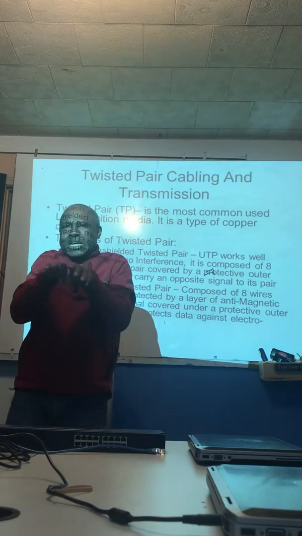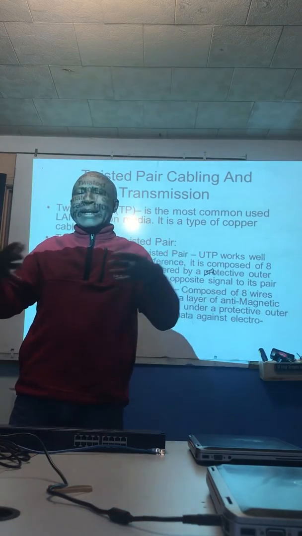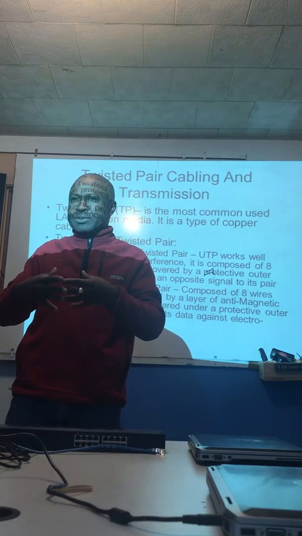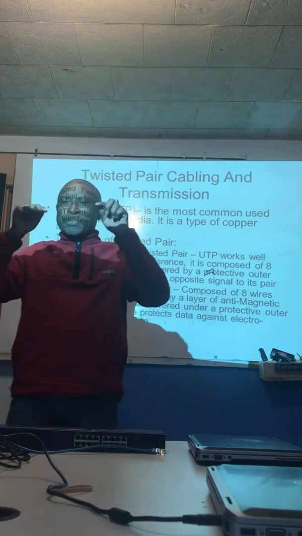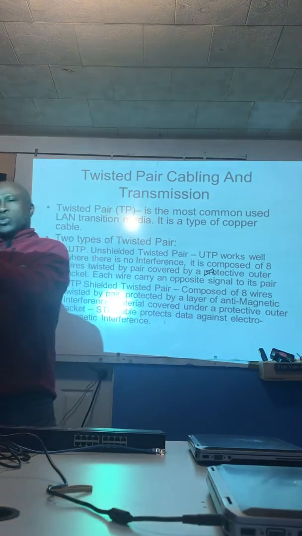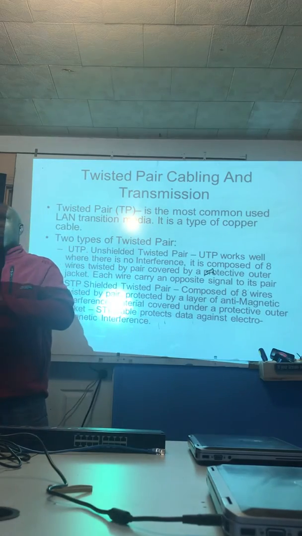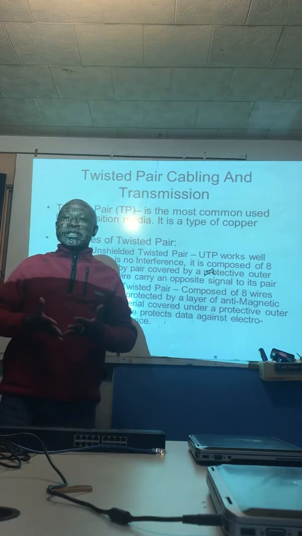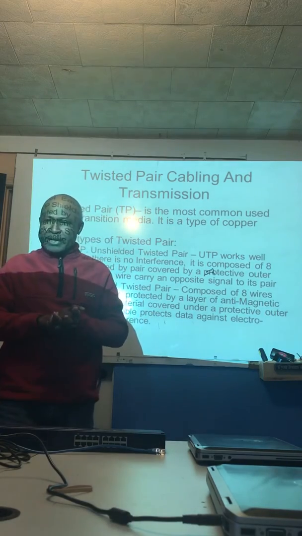So in that plenum space, you have a lot of electromagnetic interference. So if you're going to run your data cable in that space next to the electrical wire, to the sound cable, to the video cable, you need to use a shielded twisted pair cable.